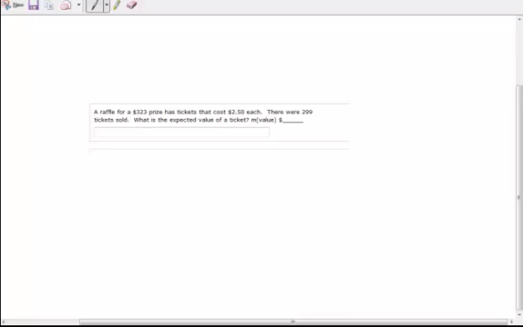We have to figure out the cost or expected value of one ticket. Well, there were 299 tickets that were sold. Everybody that bought one of those tickets lost $2.50. So whatever that is, it's going to be a negative number when you multiply those two together.